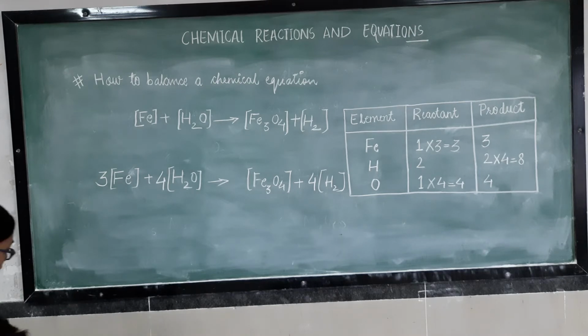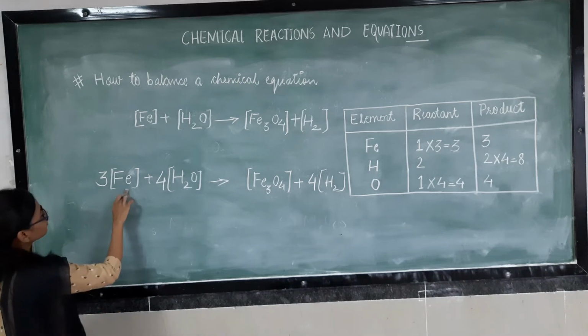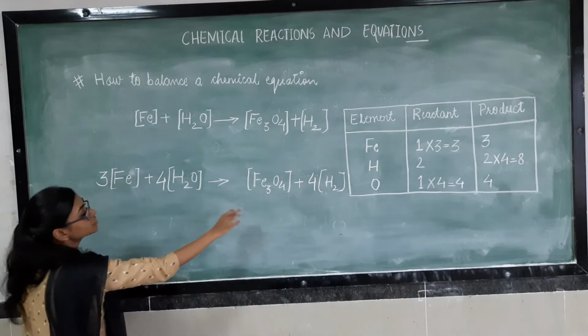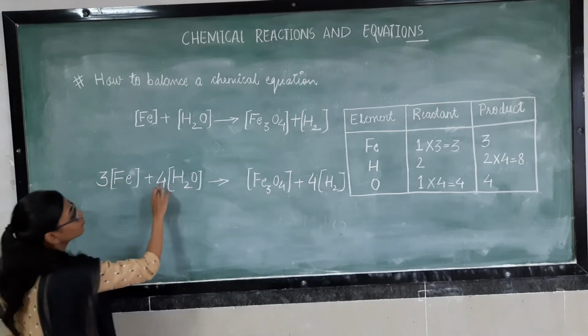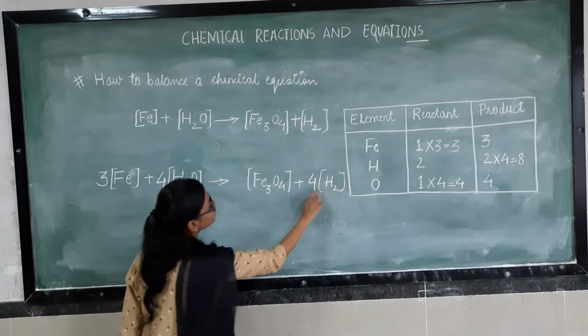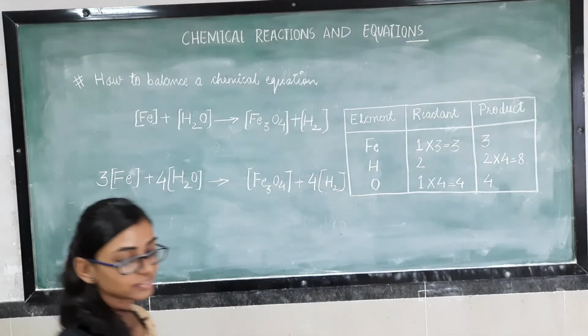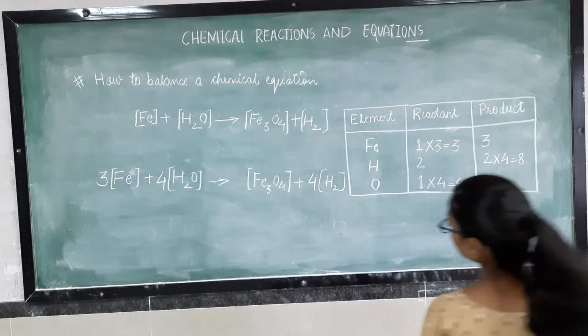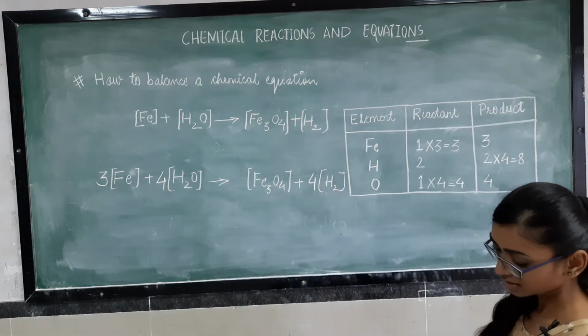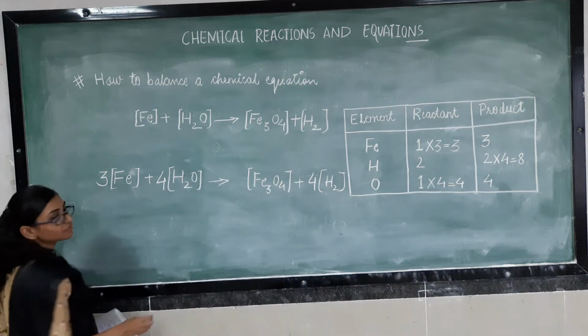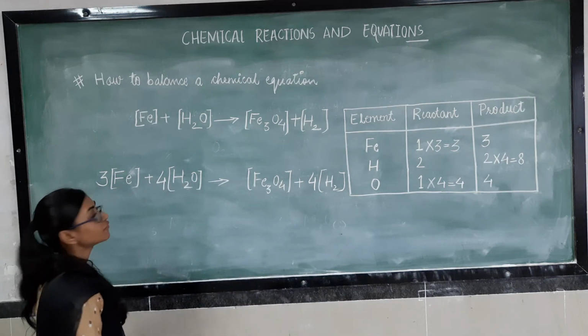Now you can see 3 Fe atoms are present here, here are also 3. Oxygen here 4, here 4 oxygens are present. Hydrogen 8, here hydrogen 8 are present. So in this way we can say that this equation is balanced. Now we have to write this equation with the physical state.